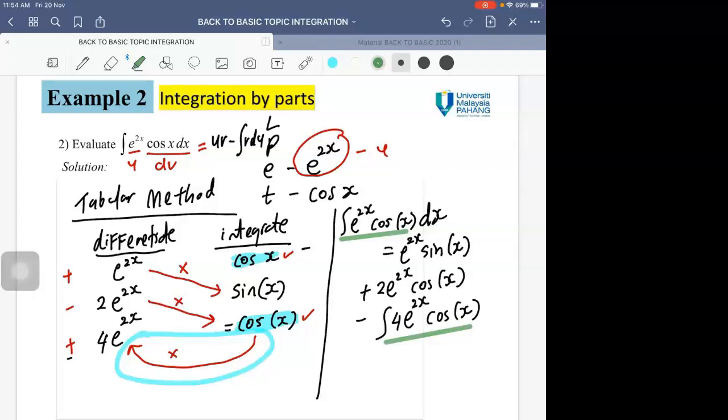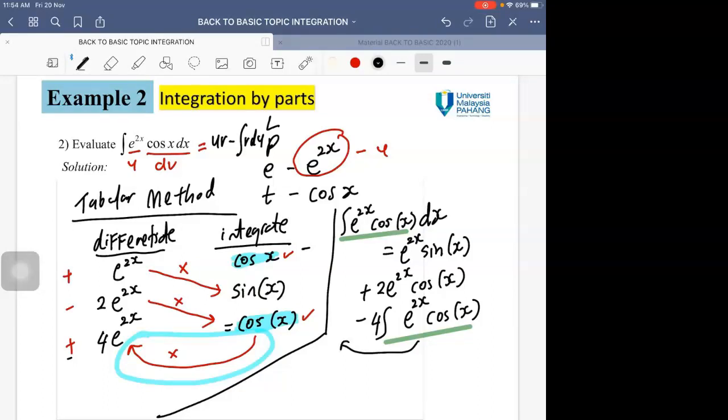I can bring my 4 outside, so we collect the same term here. To simplify, you bring this to your left.